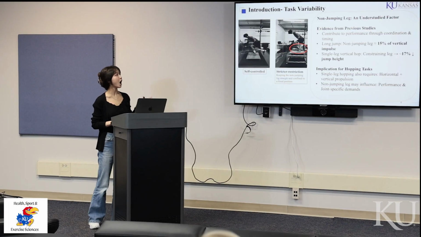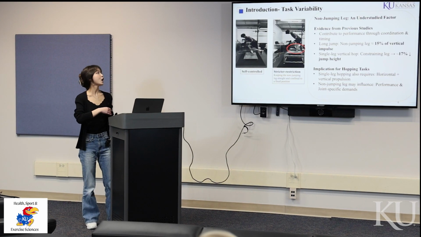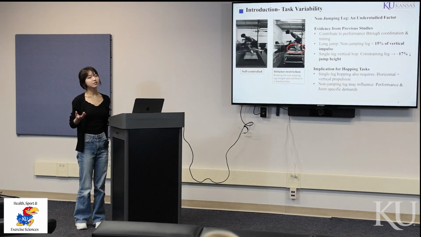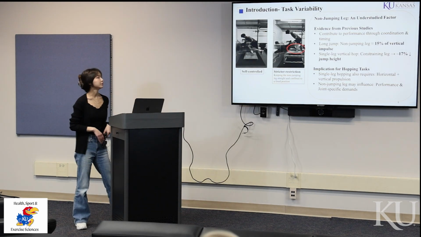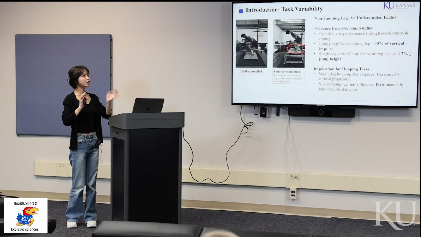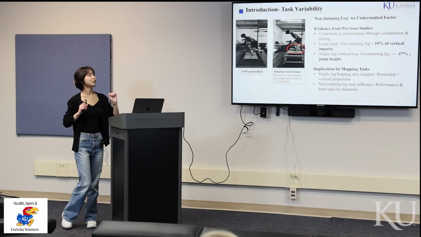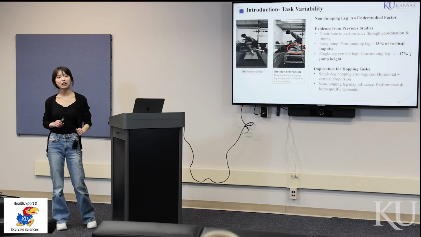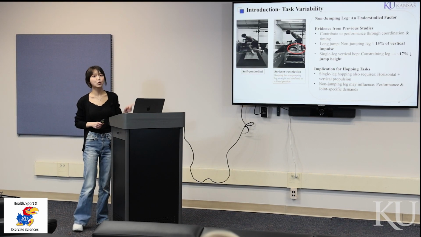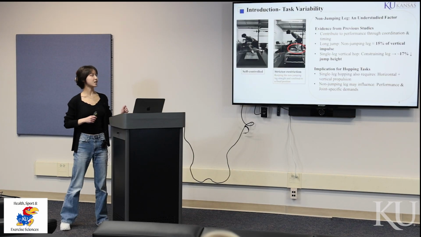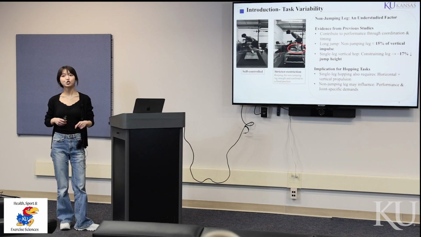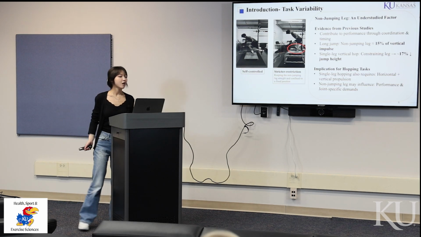And during vertical hop, when we apply stricter restriction on the non-jumping leg, it will decrease the jump height as well. Because the single leg forward and backward hop share some similar characteristics with long jump, they all require horizontal and vertical propulsion. As such, we think the non-jumping leg may also influence the hop performance and the joint-specific demands.